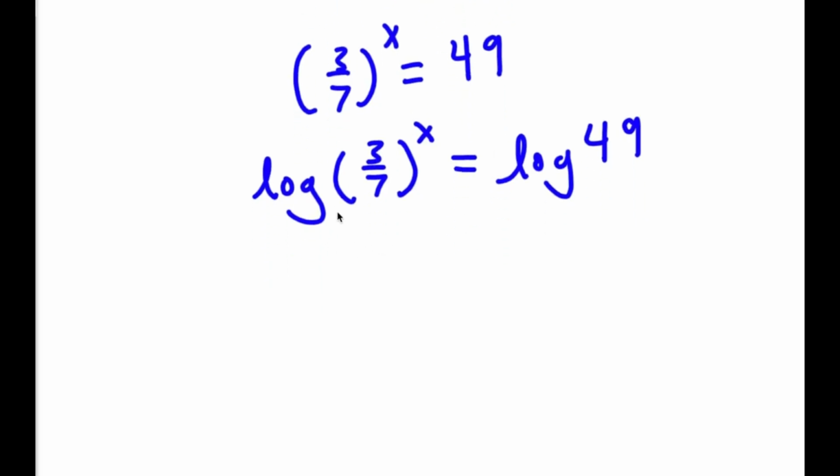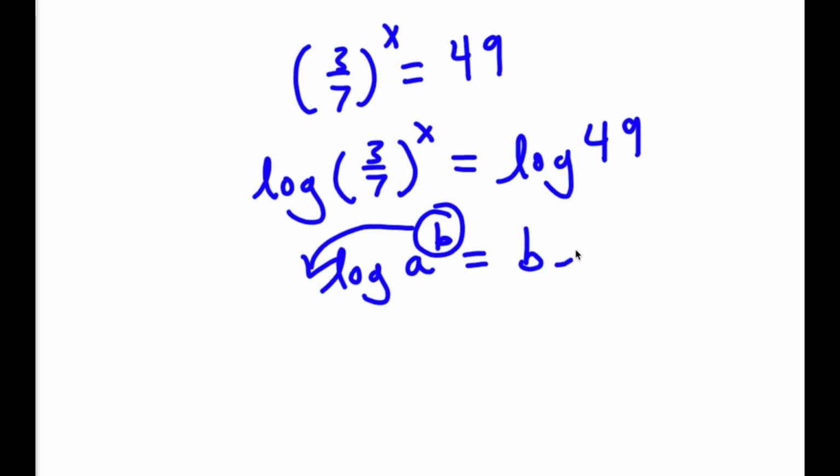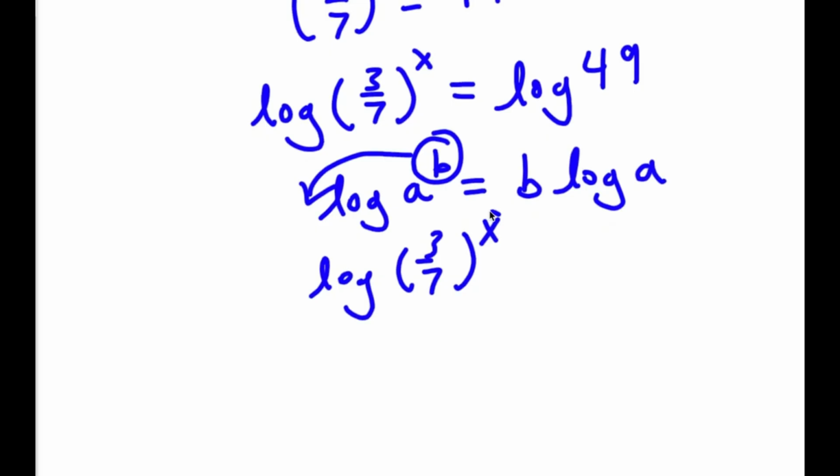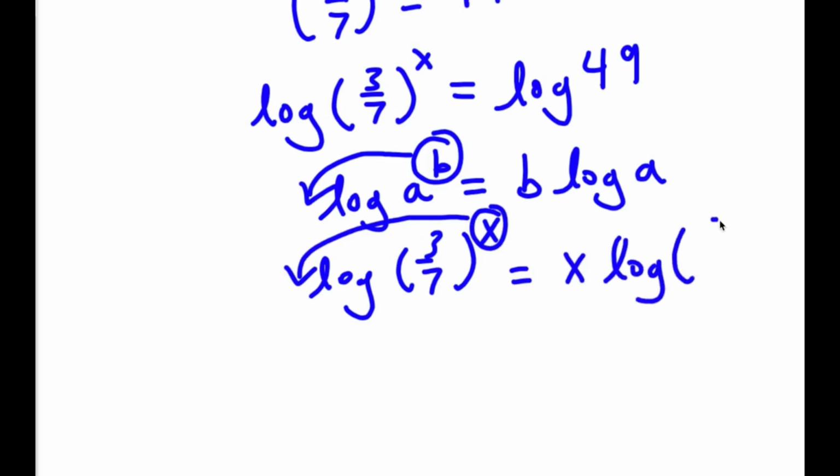Now, an important property of logarithms is that if I have something in the form log a to the power of b, I can actually move this exponent b to the front of the logarithm. So this would be equal to b times log a. So for log 3 over 7 to the power of x, I can move this exponent x to the front of the logarithm. So this would be equal to x times log 3 over 7.